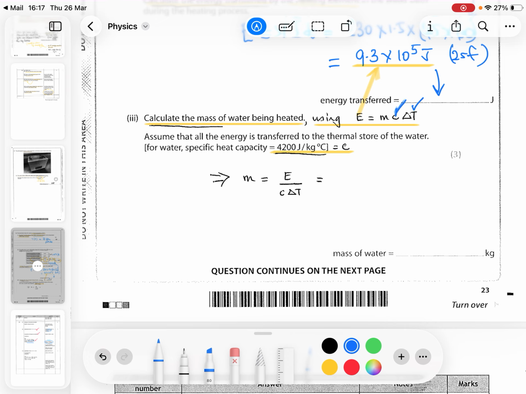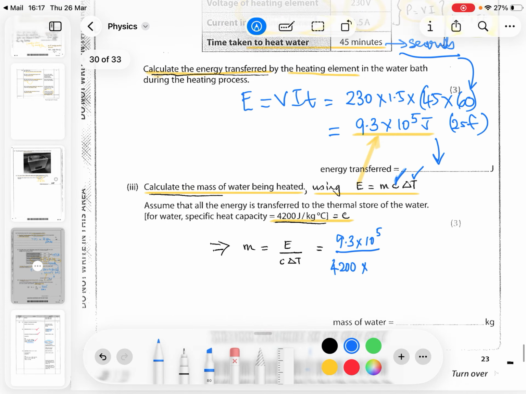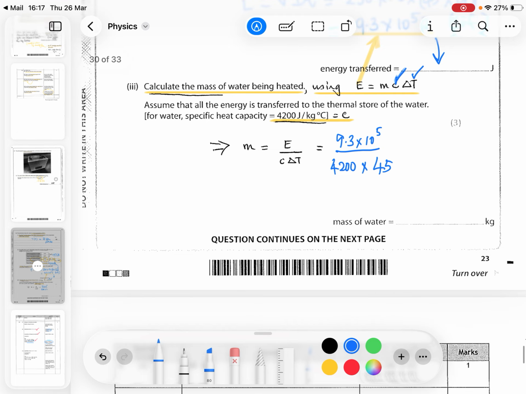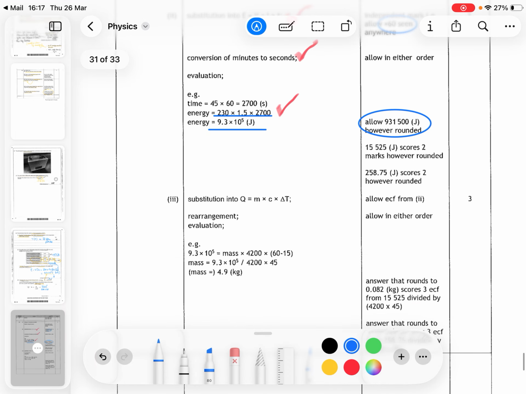So all we've got to do is write out our answer, 9.3 times 10 to the 5 divided by 4,200, and the temperature change was 45, wasn't it? And then you put it in your calculator, and we're just going to use the examiner as our calculator. 9.3 times 10 to the 5 divided by 4,200 times 45, which came from there, and it will give you 4.9 kilograms, again to two significant figures.